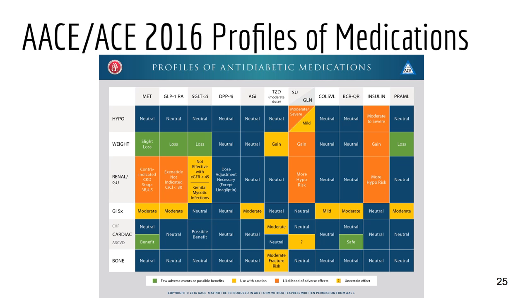So of course we're concerned with which drugs cause hypoglycemia, which would be the sulfonylureas and the insulin, weight gain or weight loss, how it affects renal function or if it's contraindicated in renal function, GI upset, cardiac effects, and also bone effects.